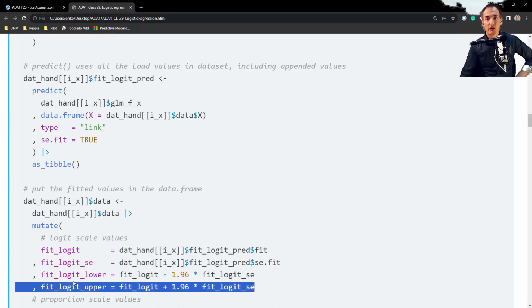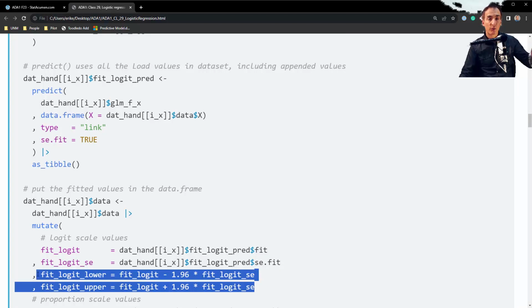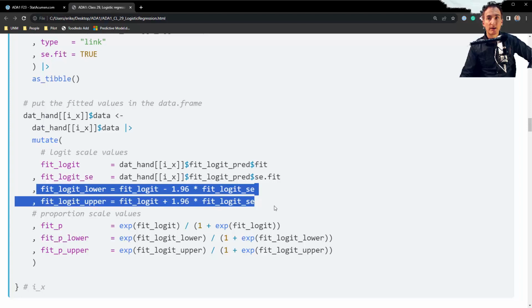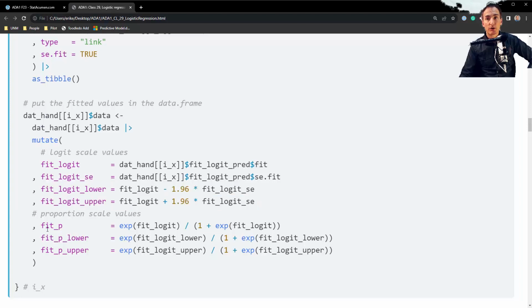We can therefore calculate lower and upper bounds, so we can have these confidence bands around our regression line. And we can use all of those, at least the Logit, we can undo the Logit transformation, called the logistic transformation, to get our proportions P, and we can do the same transformation to get our lower and upper bounds on the probability scale. So now we'll have nice plots.